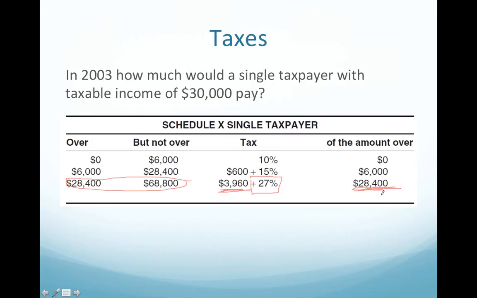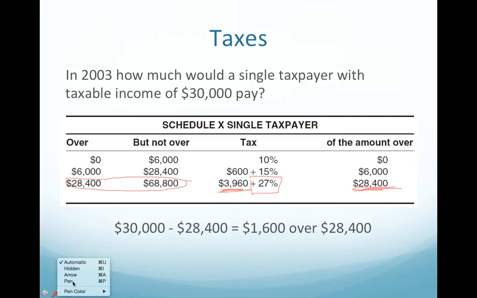Okay, so 28,400 is accounted for by the 3,960. Once they go over that amount, they pay 27% of anything over that amount until they get to 68,800.